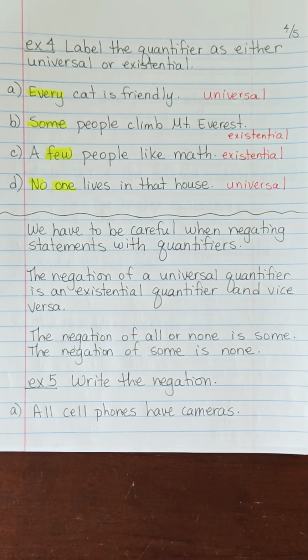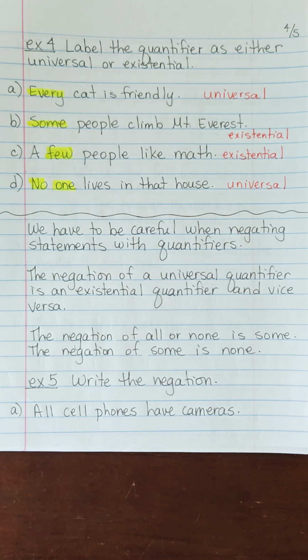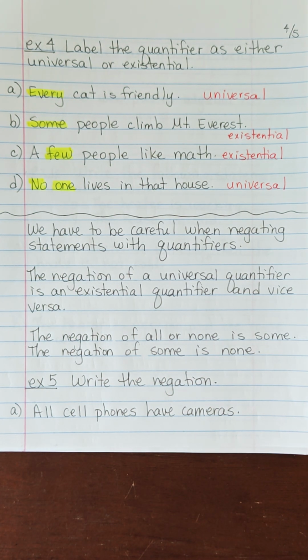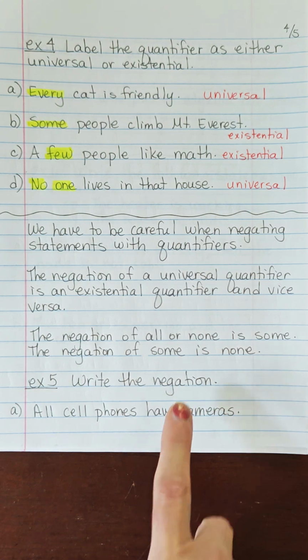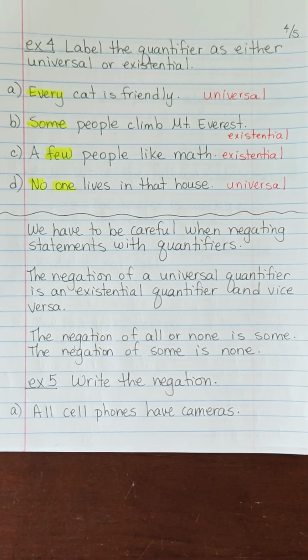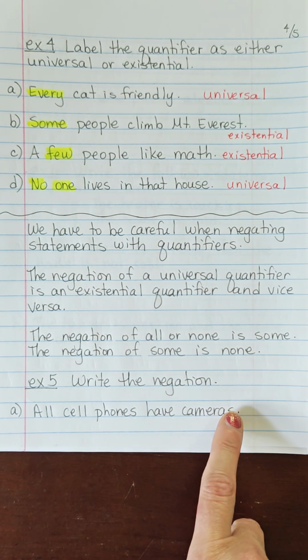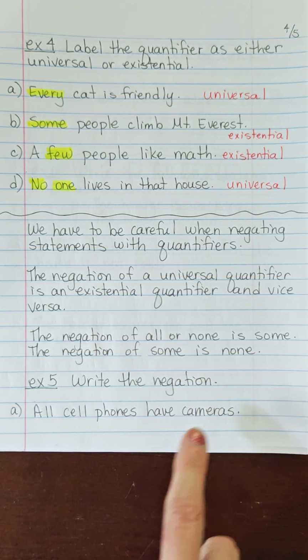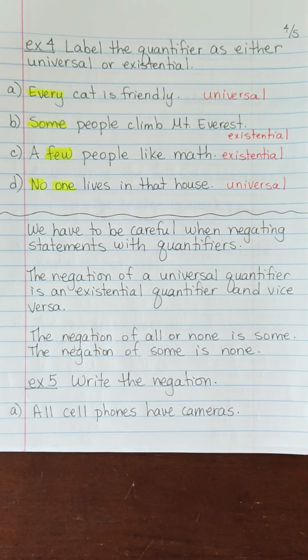Well, we don't have to be black and white here, okay? If someone tells you all cell phones have cameras, all of them, and you want to prove that person wrong, you want to negate that statement. What do you need in order to prove them wrong? You don't need for every cell phone to not have a camera.